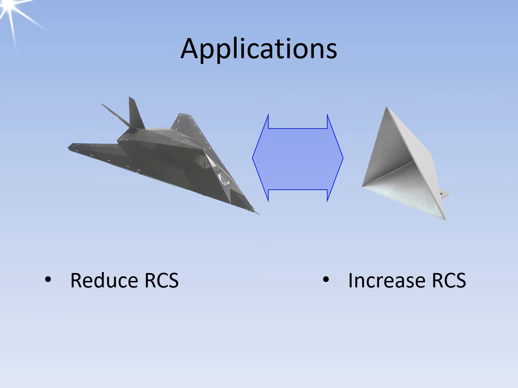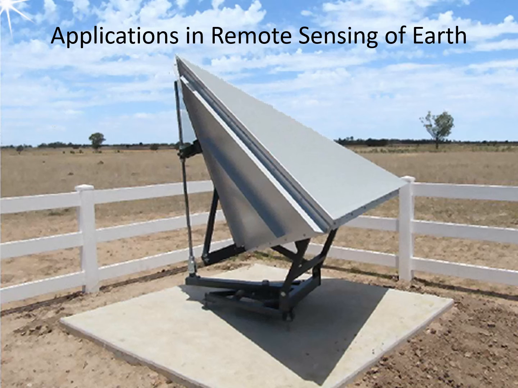The possible applications pursue the goal of either increasing or reducing the radar cross-section. Corner reflectors for remote sensing of Earth are installed on sites to reflect radar signals back to the satellite at specific locations.